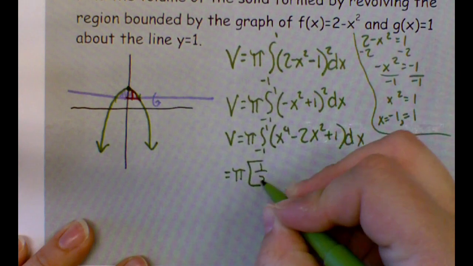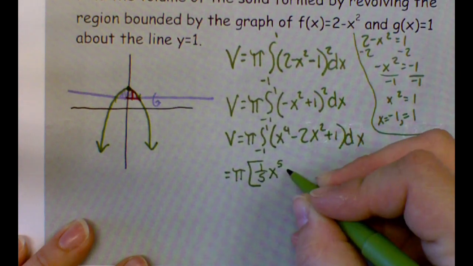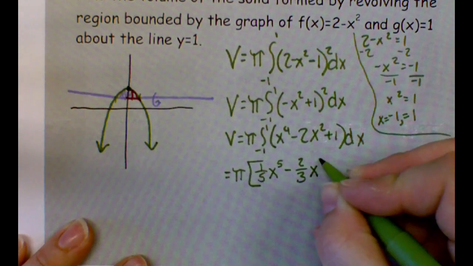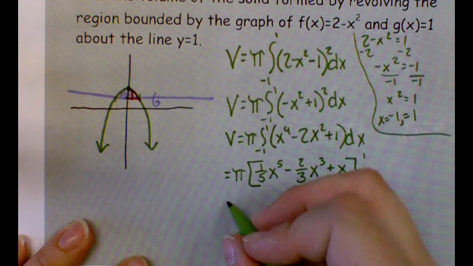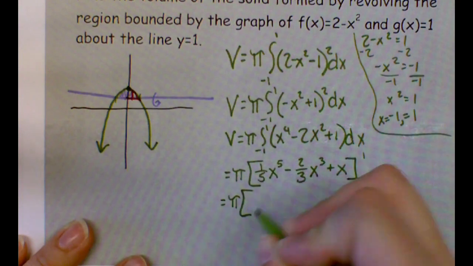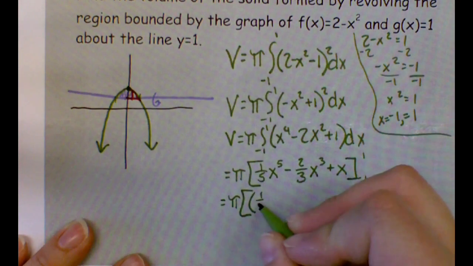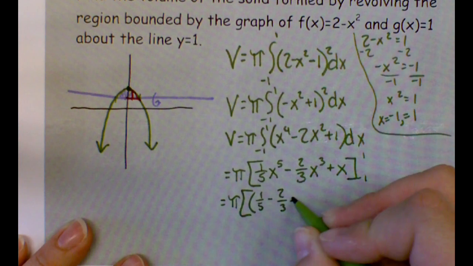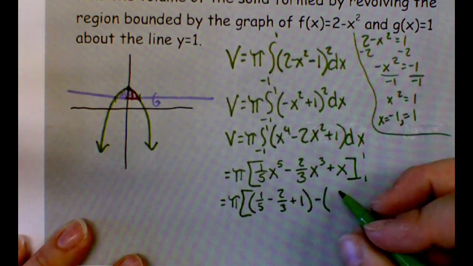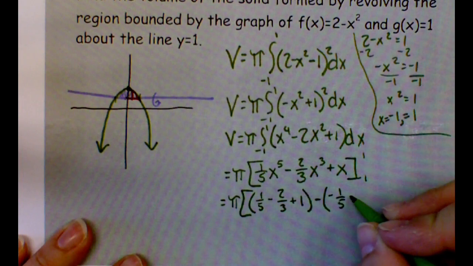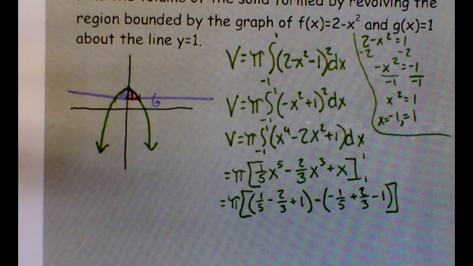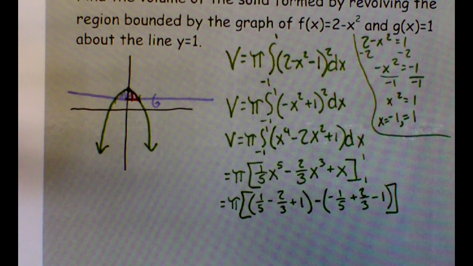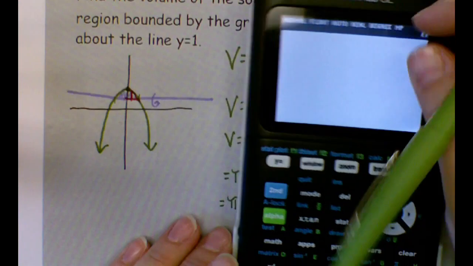I have 1/5 x to the 5th power minus 2/3 x cubed plus x from -1 to 1. And that is pi times (1/5 minus 2/3 plus 1) minus (-1/5 plus 2/3 minus 1). All right, I think this seems like a great time to bust out my calculator.